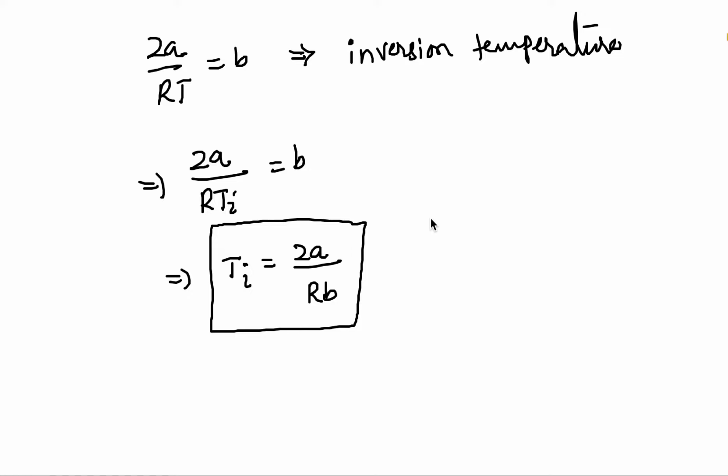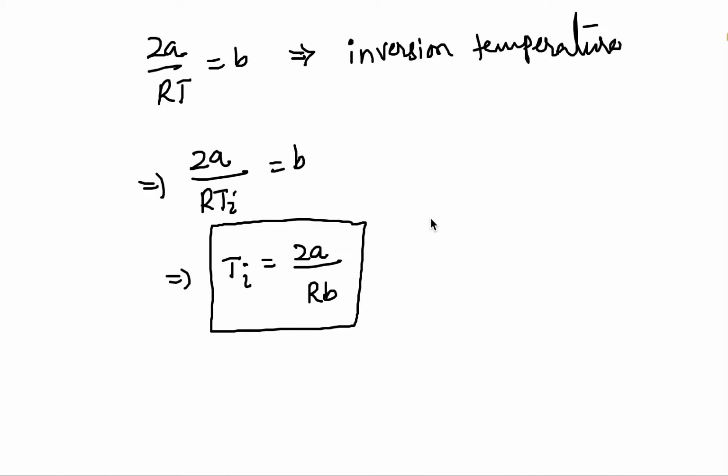If A is very small, then the inversion temperature is very small. In the case of helium, where A is very little, the inversion temperature is very small. Therefore, for gases like helium and hydrogen, where the intermolecular force constant A is smaller, the inversion temperatures are much smaller.